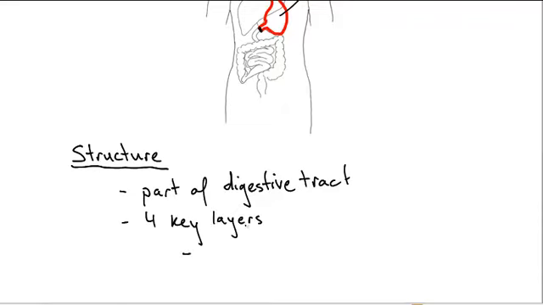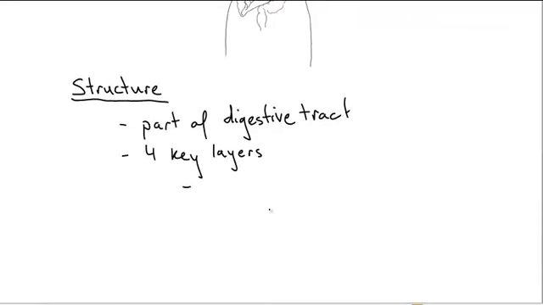If we remember from last day, those 4 key layers, the one closest to the lumen of the stomach, or where the food contents of the stomach are, is the mucosa. In your stomach, this is well developed.